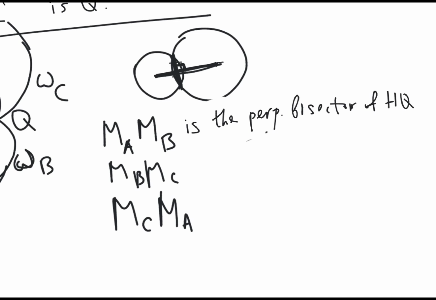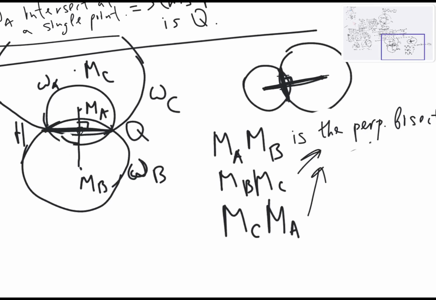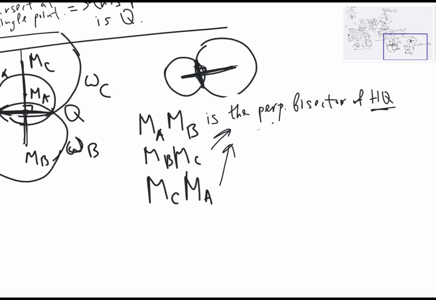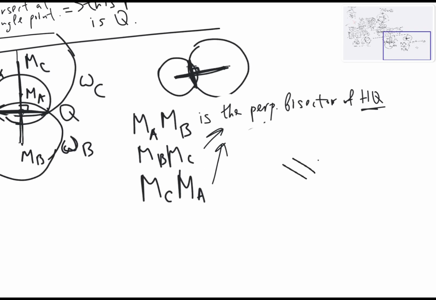So all three of them are the perpendicular bisector of the same segment HQ, right? So MBMC is also the perpendicular bisector, and MAMC is also the perpendicular bisector. So therefore, from this, it implies that it is the same line.